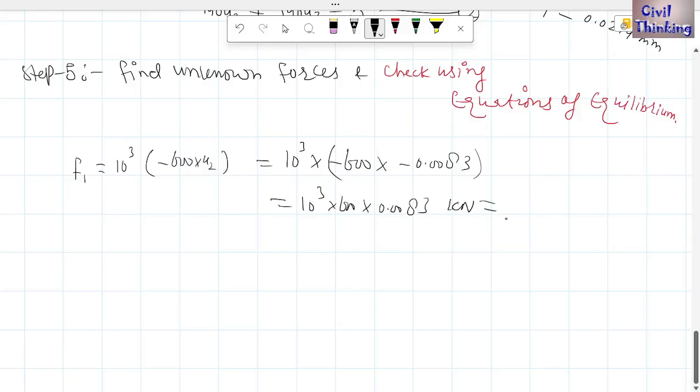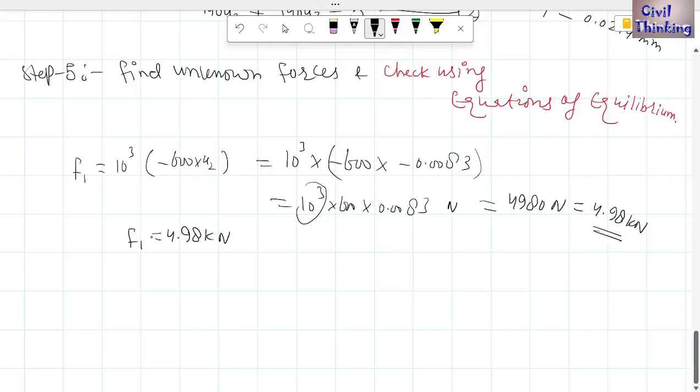How much is it? 10 to power 3 is 1000 times 600 times 0.0083. So we got 4980 Newton, because 10 to power 3 is here, not kilonewton. So it is 4.98 kilonewton. Okay, so we got F1 as 4.98 kilonewton.